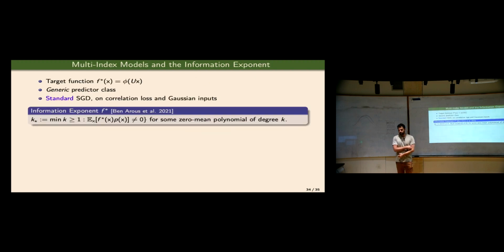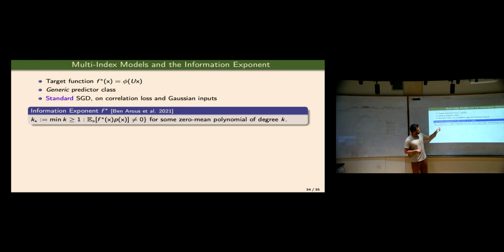Okay, and we have another class of explicit results. These are via what's called the information exponent. The information exponent is kind of an annoying technical thing, but it's very powerful, and there are a lot of papers that talk about this since 2021. If I simplify it a little bit, the idea is, for a given target function f star, how much information does it have in low degree polynomials?